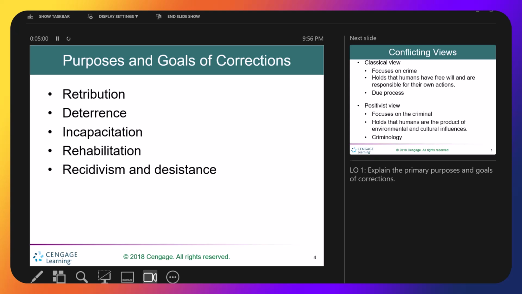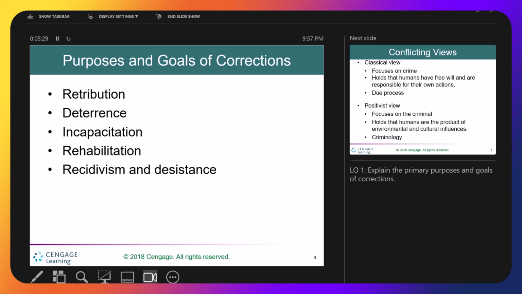Recidivism and desistance. Recidivism is basically how often they're going in and out of the system. We refer to them as repeat offenders. These are the kind of people that no matter what you do, it seems like they always go back in.